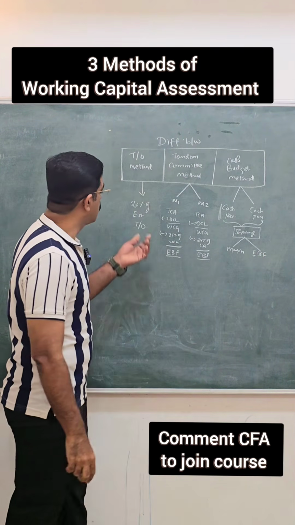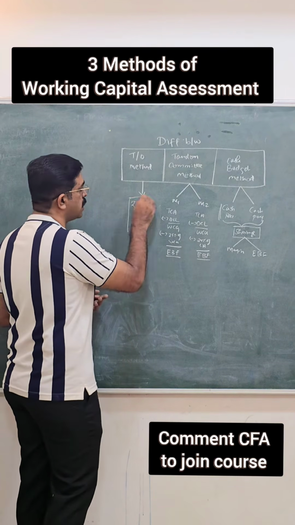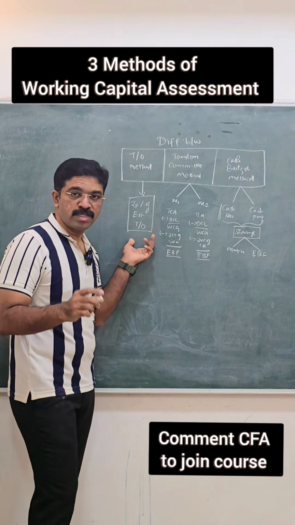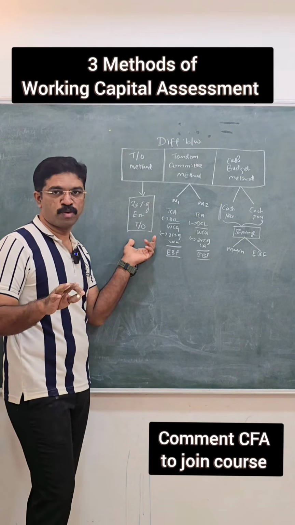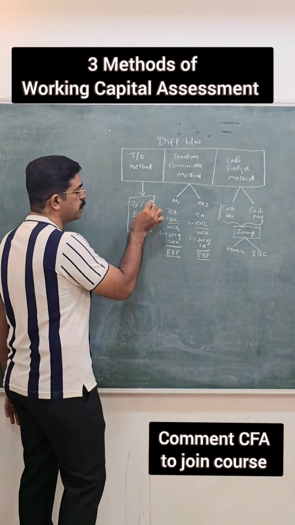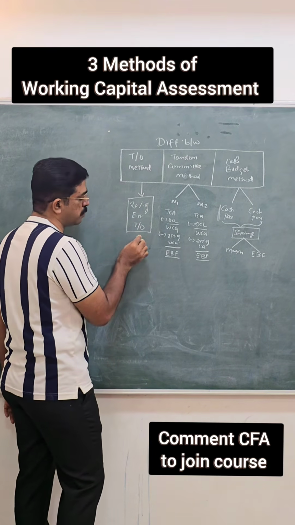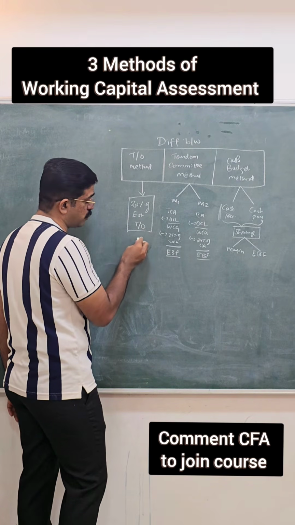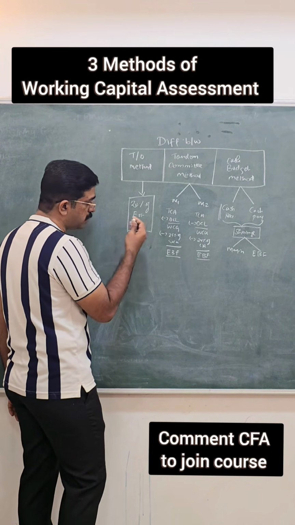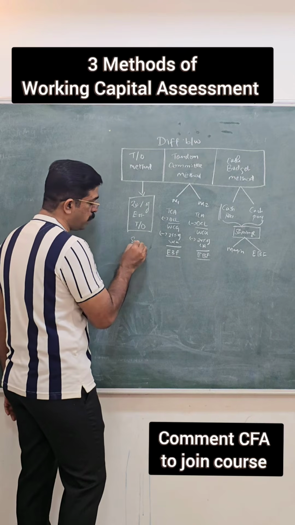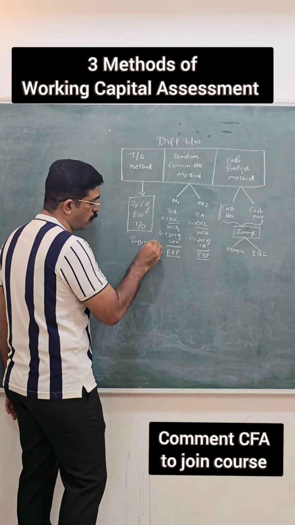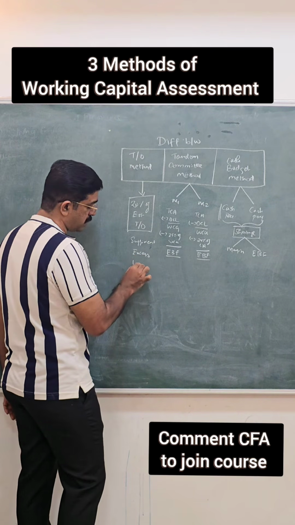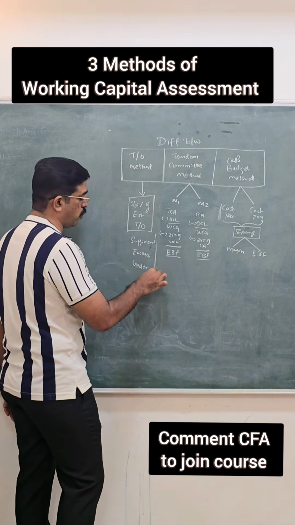The turnover method is a straightforward method, and it does not look into the actual scenario of the borrower. It says 20% of the estimated turnover is the eligible bank limit. It means this 20% of the estimated turnover may meet the requirement, so it may be sufficient, or sometimes it may be excess financing, or sometimes it may be under financing also.